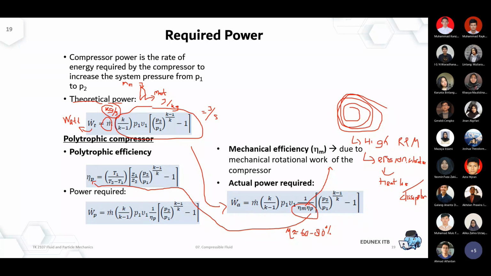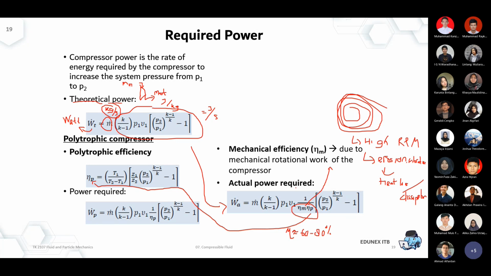But sometimes you also see a lot of inefficient compressors at 50% efficiency. That means it will double your power. If your theoretical power is 10 kilowatt, then your actual power will be 20 kilowatt because of the efficiency of 50%. So yeah, be careful about this.